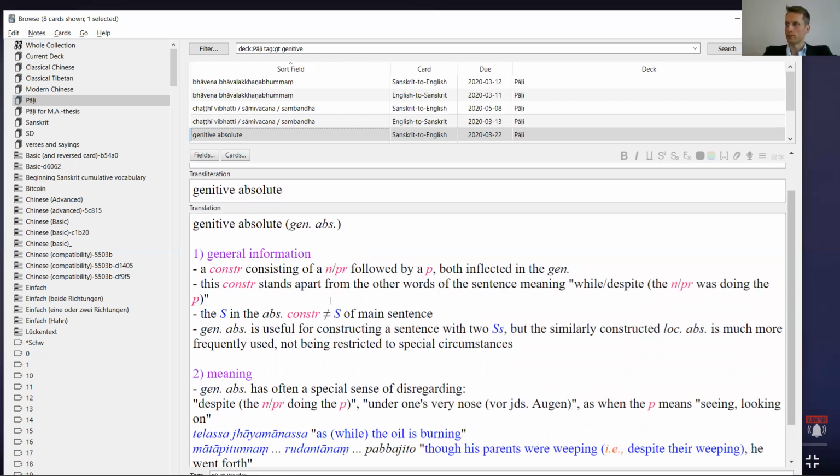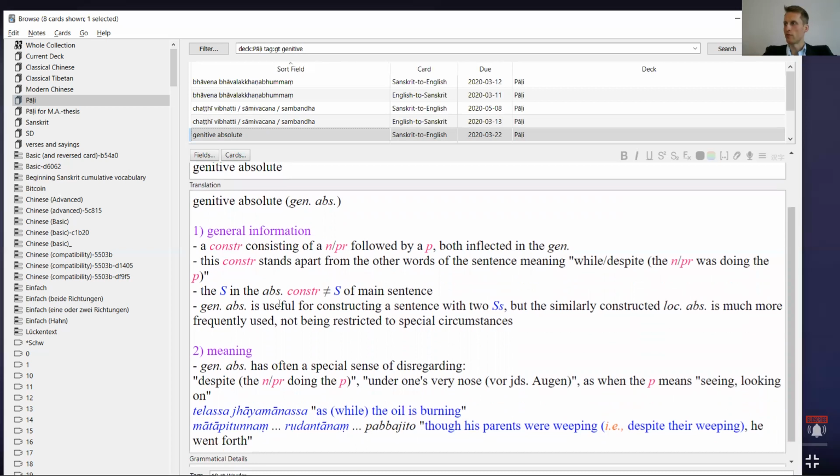I mean, this construction stands apart from the other words of the sentence and is sort of bracketed off, and it has the meaning something like while.